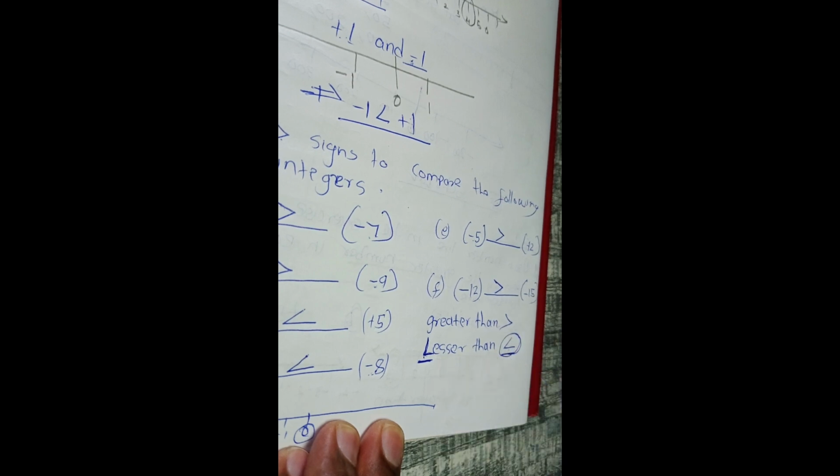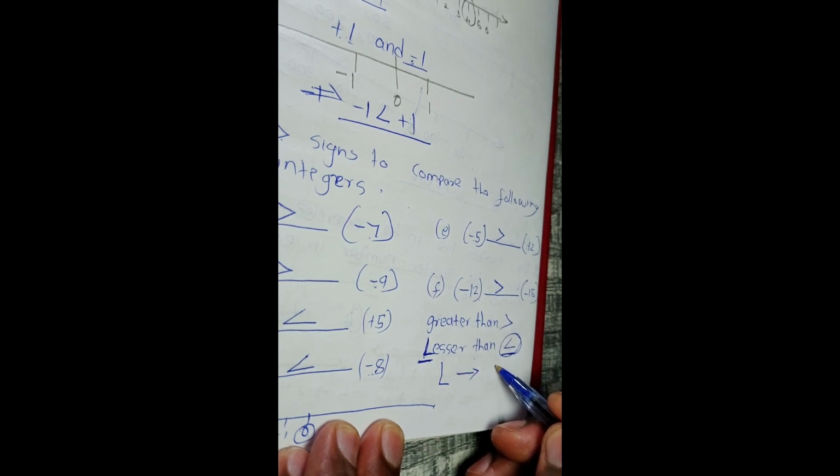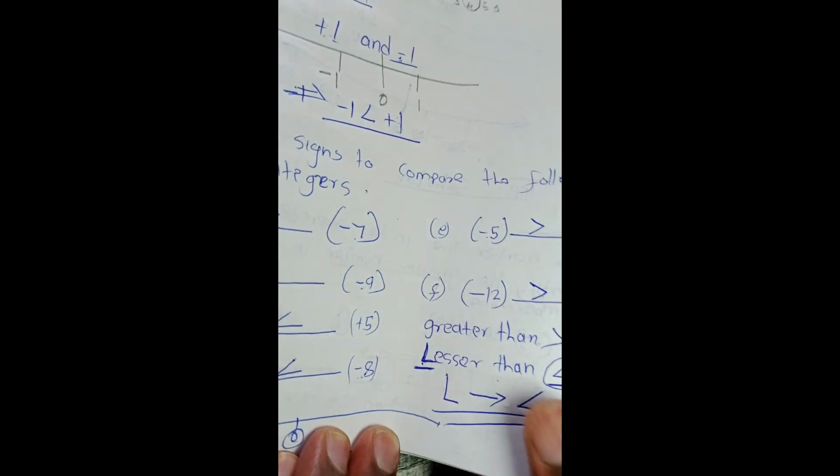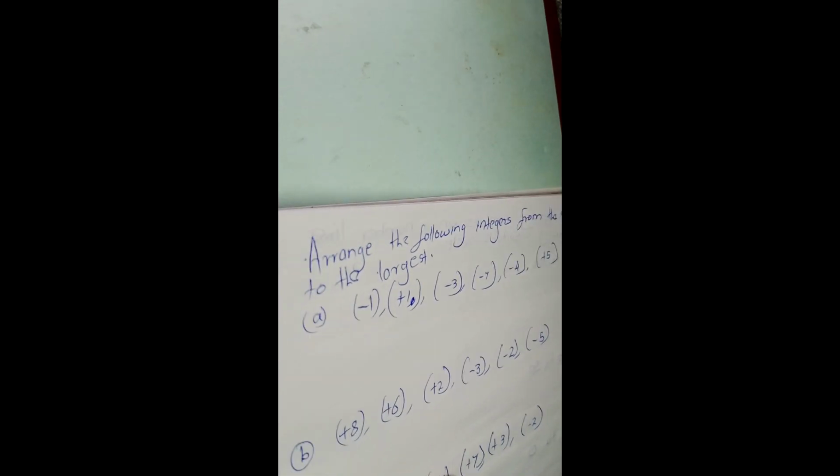When you get confused, first write the word lesser than, then take the L and represent it as an angle, as this lesser than sign. Some students get confused.